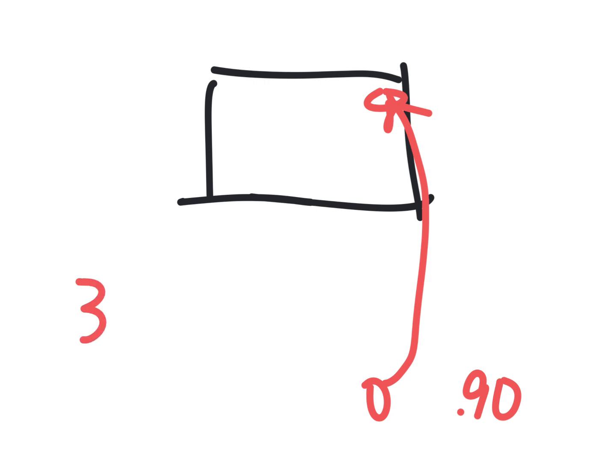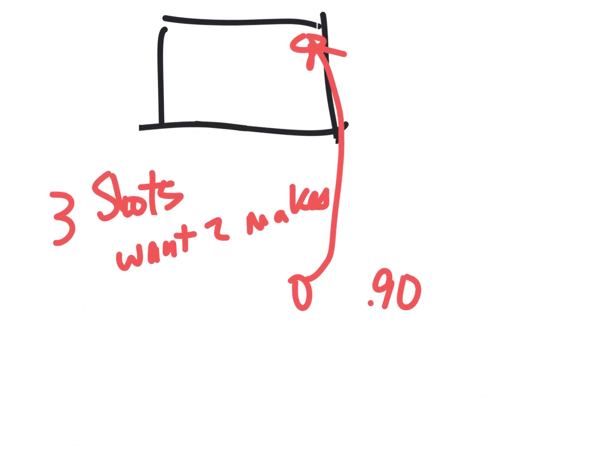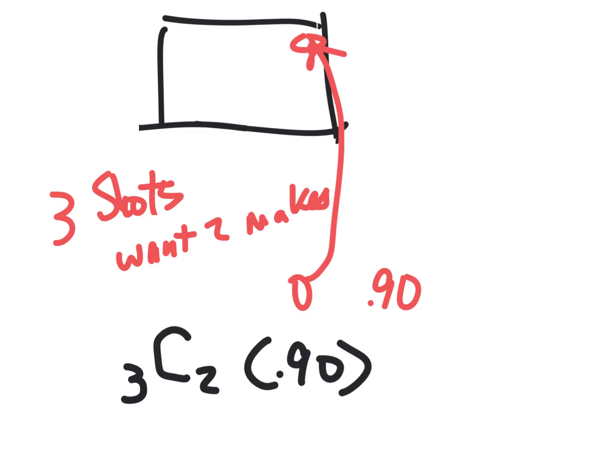You get 3 shots, and you just really want to make 2 out of 3 of these shots at the end of the soccer game. You want 2 makes. Then the probability I would set up would go like this. I get 3 shots and I want to make 2. There's a 90% chance I'm going to make it, and a what percent chance I'm going to miss it? 10.